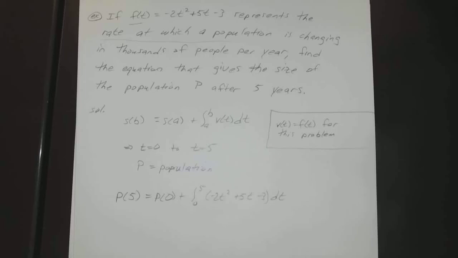Actually, if you're looking for the net change, all you have to do is solve the integral. Because remember your S of B minus S of A is your net change, and that's equal to the integral. So really all you have to do is solve the integral, and you solve your net change.